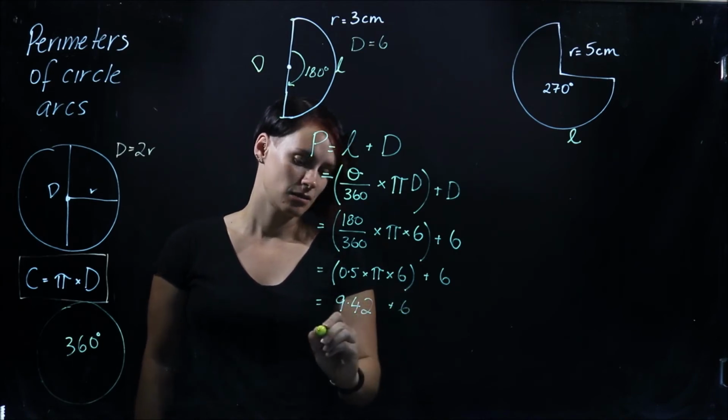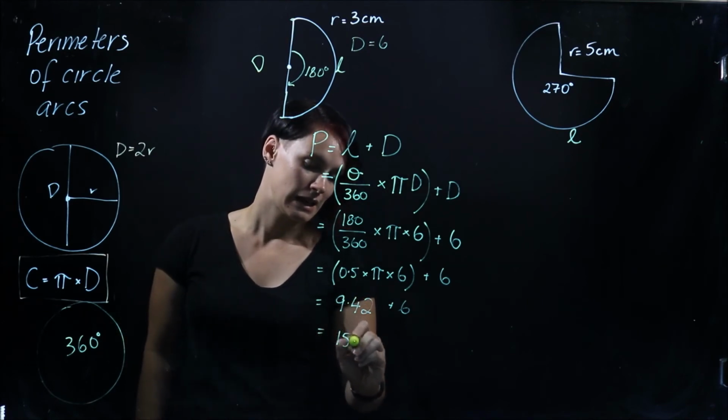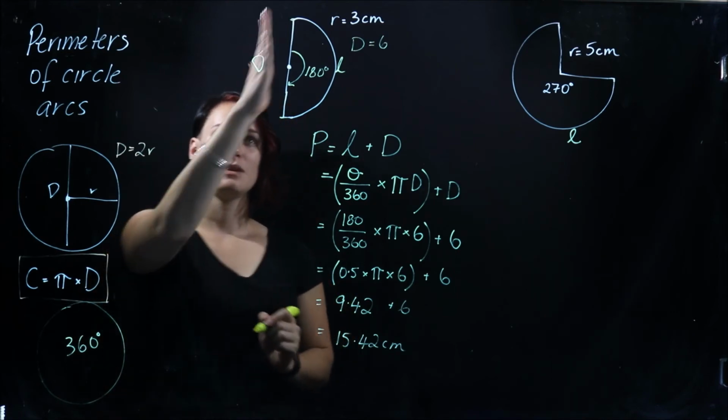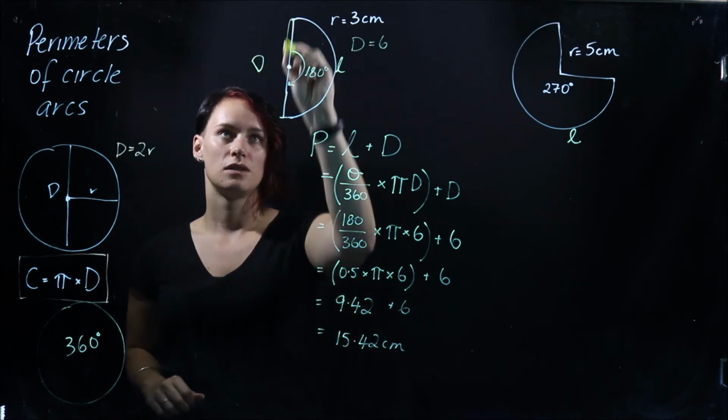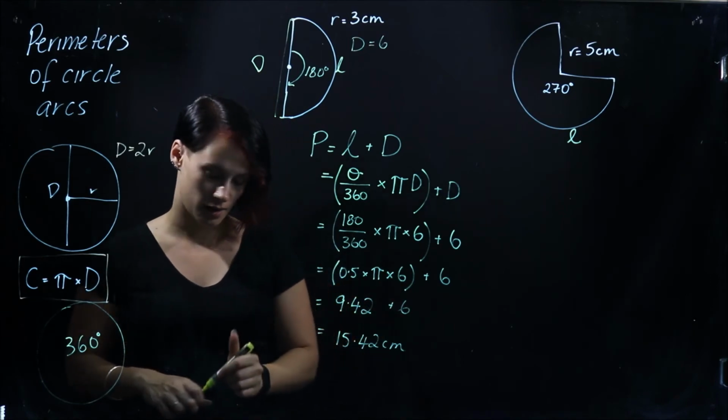We add our 6 on the end as well to cover our diameter, and what we are getting is 15.42 centimeters. So when we're doing this half circle, we've got to think of the diameter, plus we've got to think of the length of the arc.